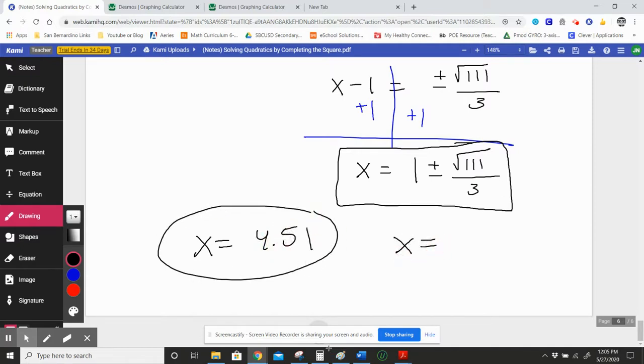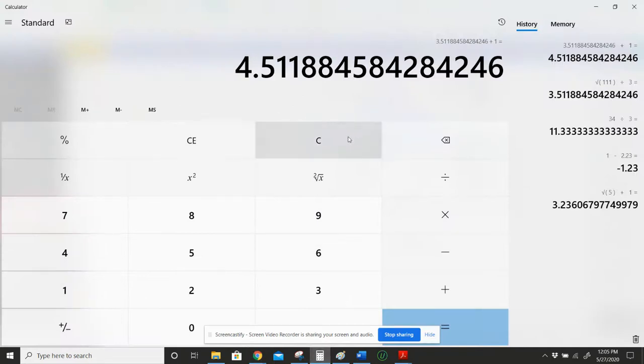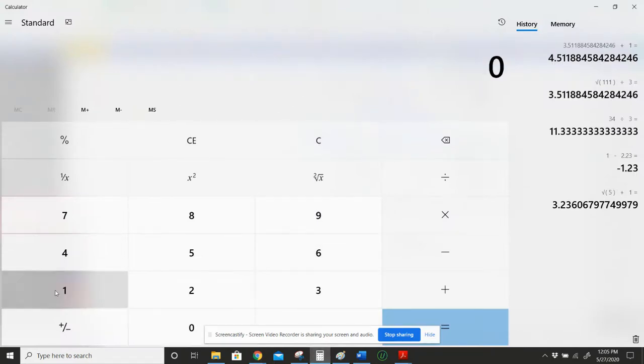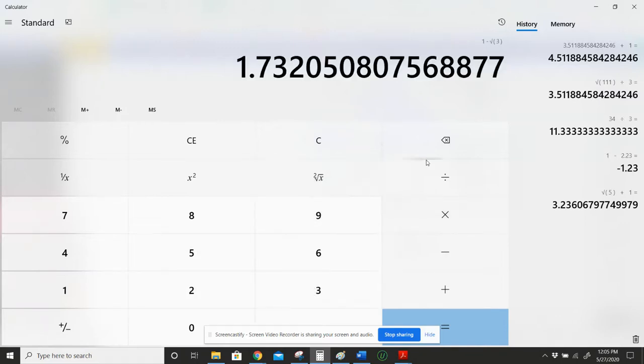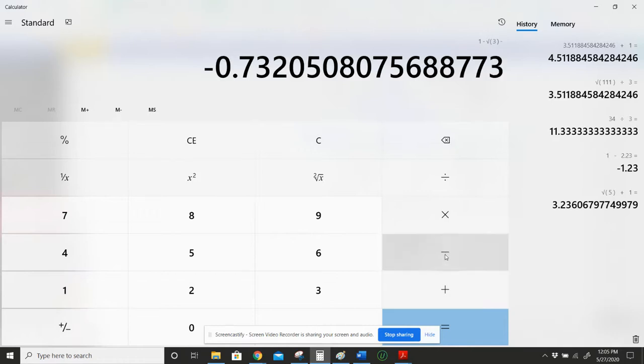My second answer is I'm going to be taking 1 and then subtracting that number from it. Can we do it all in one go? 1 minus... Oh, this is a dumb calculator. It doesn't let me do it. Let's just do square root of 3. Okay. And then take minus 1.